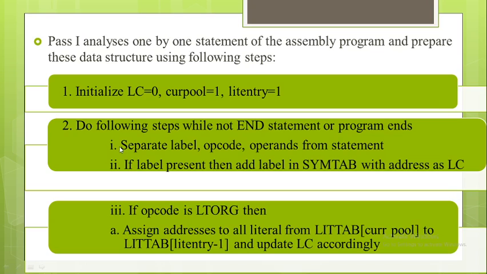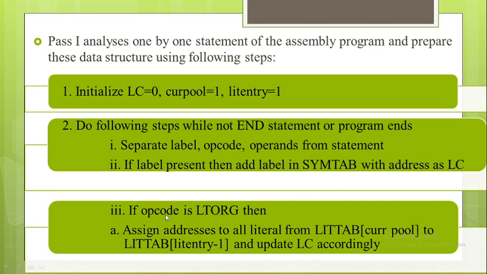Initialize: it is going to initialize the location counter with the value 0. The current pool will become 1 and the literal entry will be 1. Do the following steps while not end statement, that is, until the program ends. First of all, we will separate the label, opcode and operands from the statement. If the label is present, then it is going to add the label in the symbol table with the address as LC.